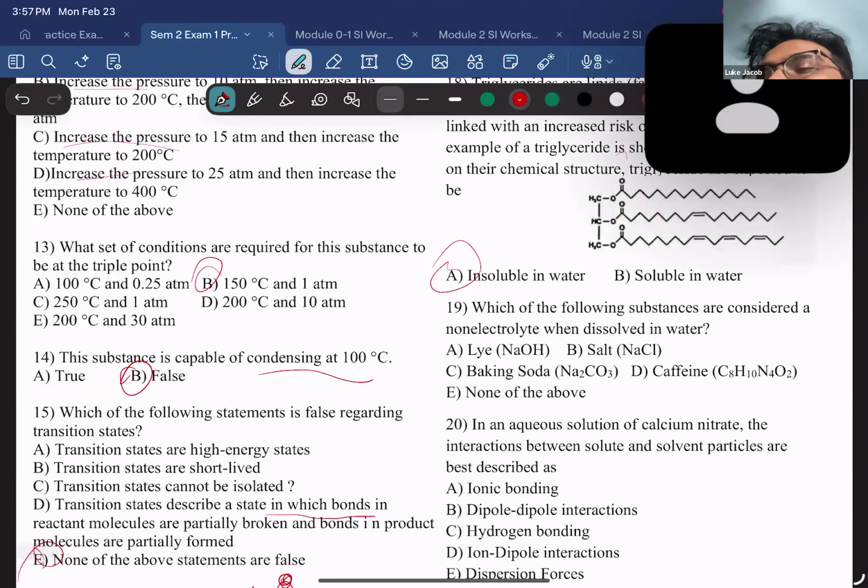Cool. Okay. Which of the following substances is considered a non-electrolyte when dissolved in water? Electrolytes, it's in the name, produce charged ions when in water.